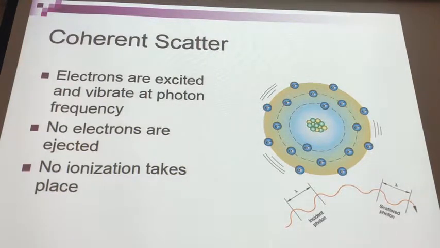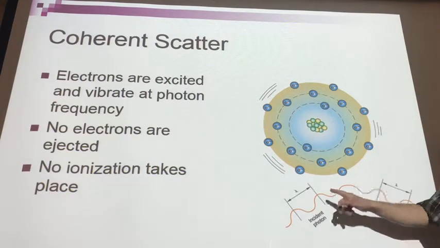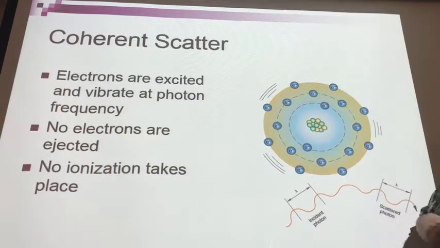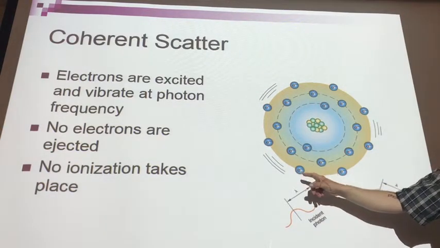When Rayleigh scattering was first discovered, it took years before people looked at it closely and said that sometimes it will hit an electron. They proved mathematically that it could hit one of the outer shell electrons.